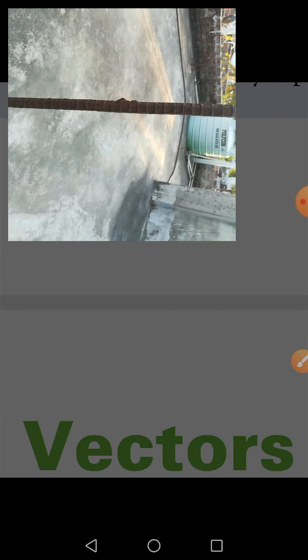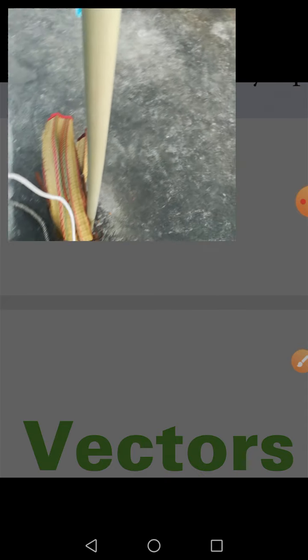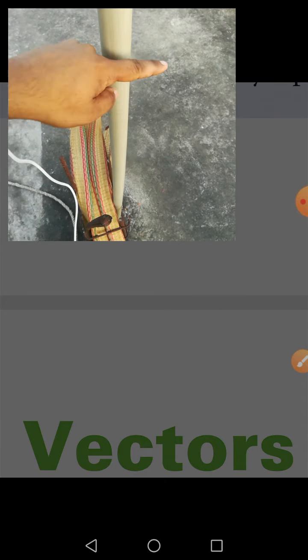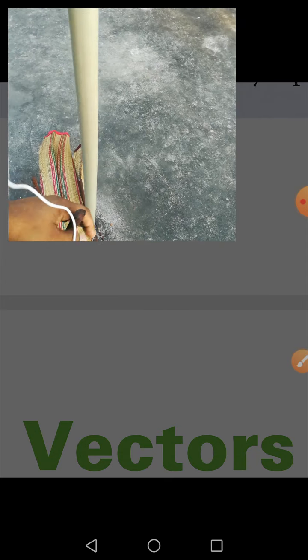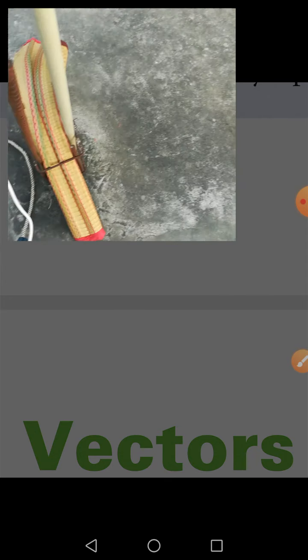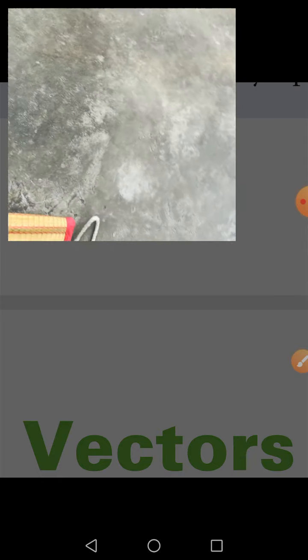For example, I am focusing on this line and this line. There doesn't seem to be any parallelism, because one goes in this direction and one goes in that direction. So they are not parallel, but they will also never meet.